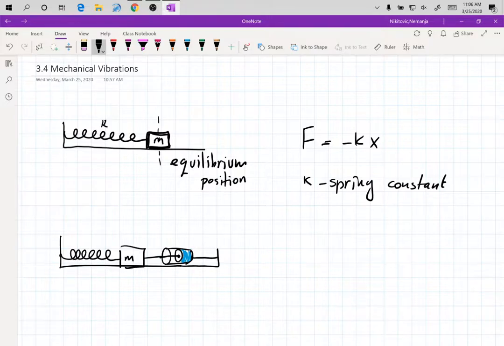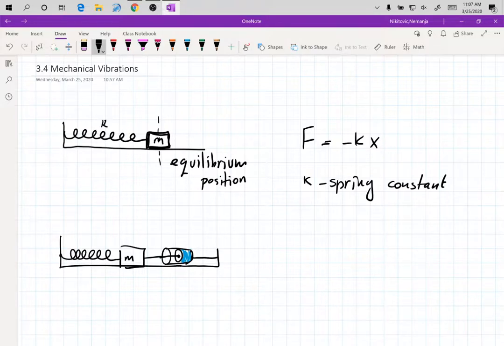then it will be harder for the spring to restore its original length. It will eventually get there, but it will have a delay.